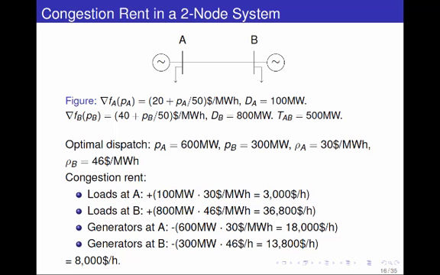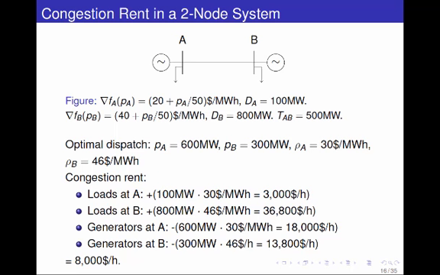We have a two-bus network, with generators in location A with this marginal cost, and generators in location B with this marginal cost, and a local demand. The way we were thinking about this model is we had a remote bus with cheap generation and a bit of demand, and then a city bus with a lot of demand and expensive generation.